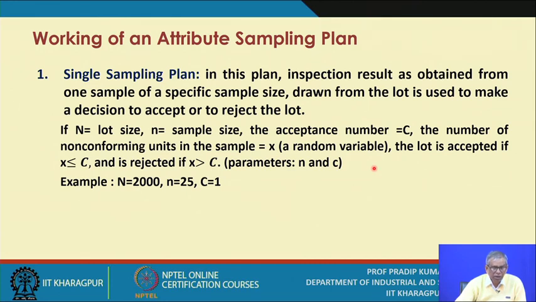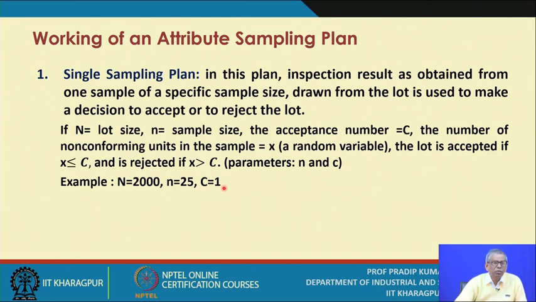given capital N, that is the lot size. So what is an example? Capital N is 2000, small n is just 25. That means the remaining 1975 units you don't need to inspect, only 25 units you inspect, and suppose the acceptance number is equal to 1.